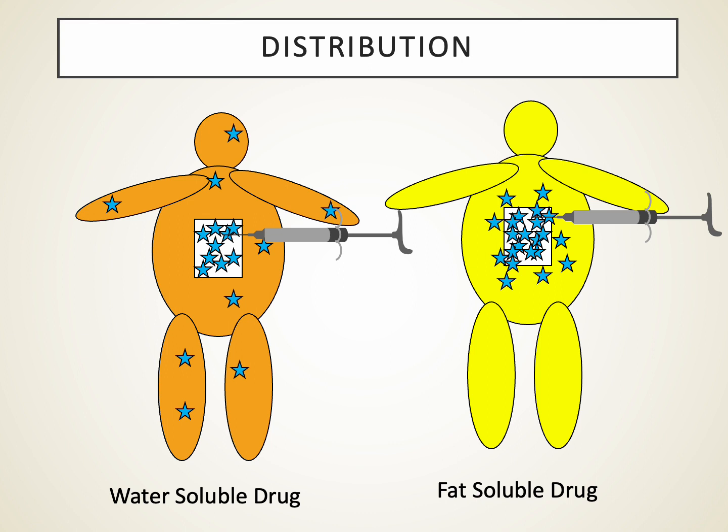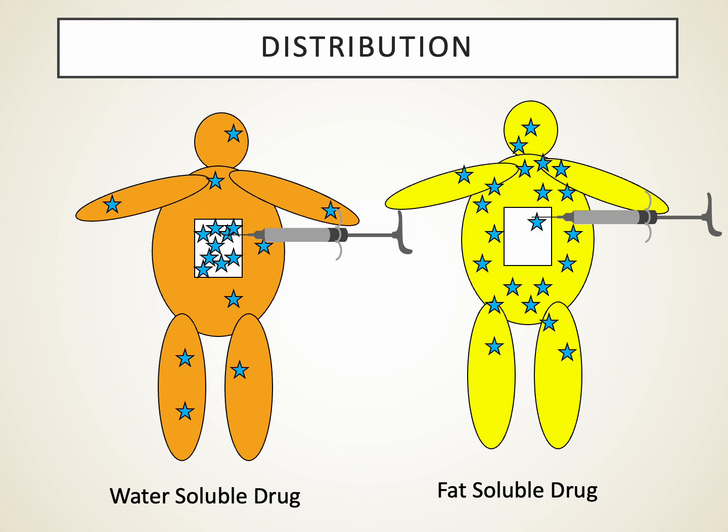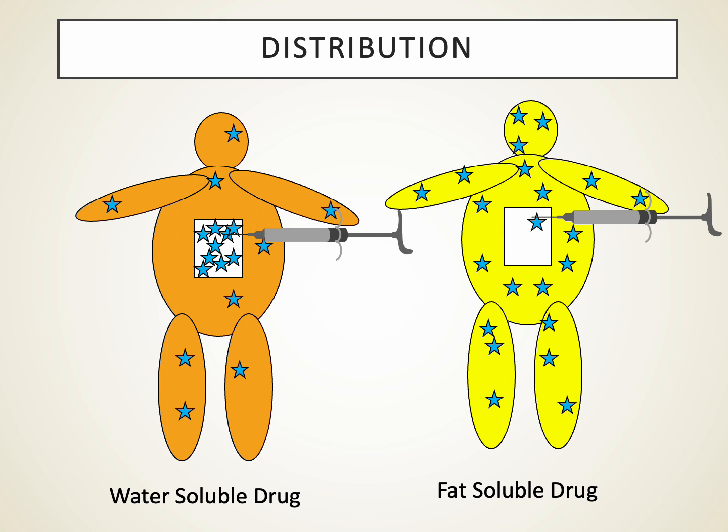But what ends up being quite different is that you'll see more drug distributed when it's a fat-soluble drug, because by its very nature, the body has more adipose tissue and more fat-soluble locations to go to than just the plasma, as we saw with the water-soluble drugs. Ultimately, a lot of the drug distribution happens throughout the body with very little left in the bloodstream for a very fat-soluble drug.